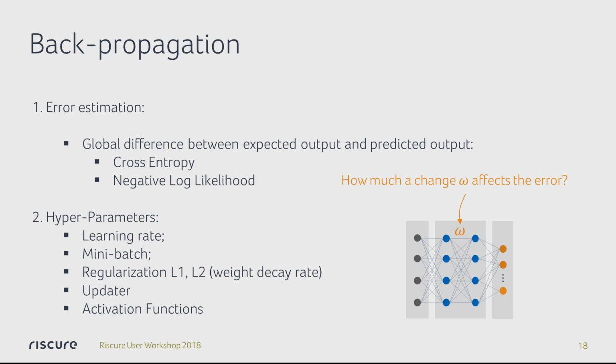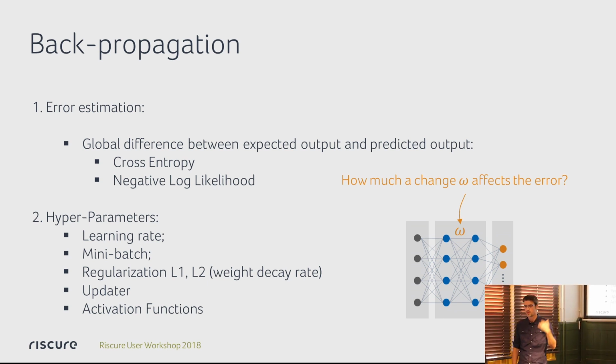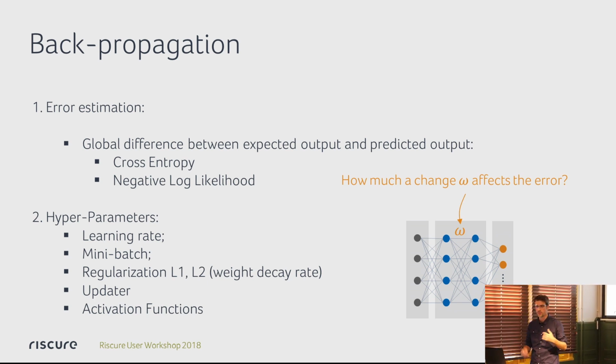For instance, between two neurons we have a connection, and this connection has a weight value. For every connection, the backpropagation asks itself: how much do I reduce the error if I modify this value in this direction? So it does calculations to see how the weight values can be modified in order to make the error smaller.